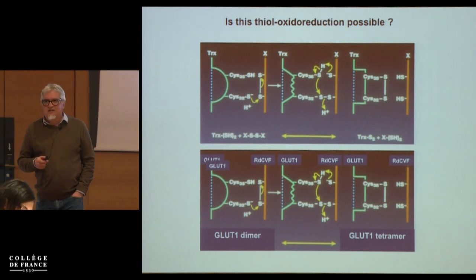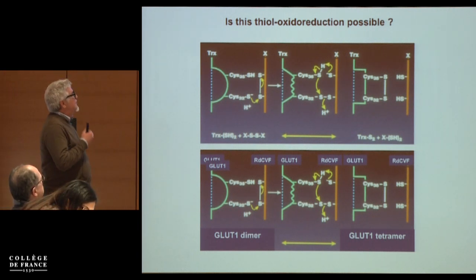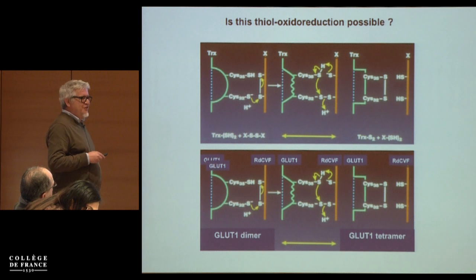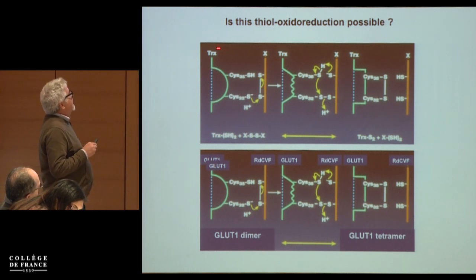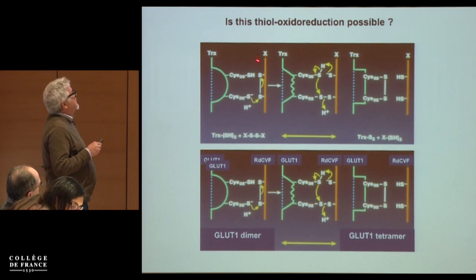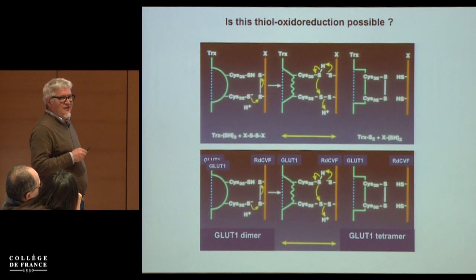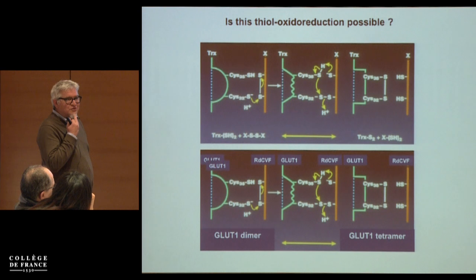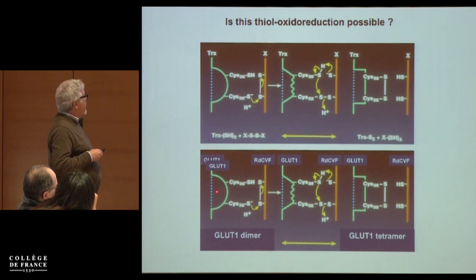So the mechanistic hypothesis, which is risky, but this is for discussion, is that Arnold has shown clearly that thioredoxin became oxidized when it reduced its substrate. But if the thioredoxin at the start is oxidized, which is a question I asked, is this reaction possible?